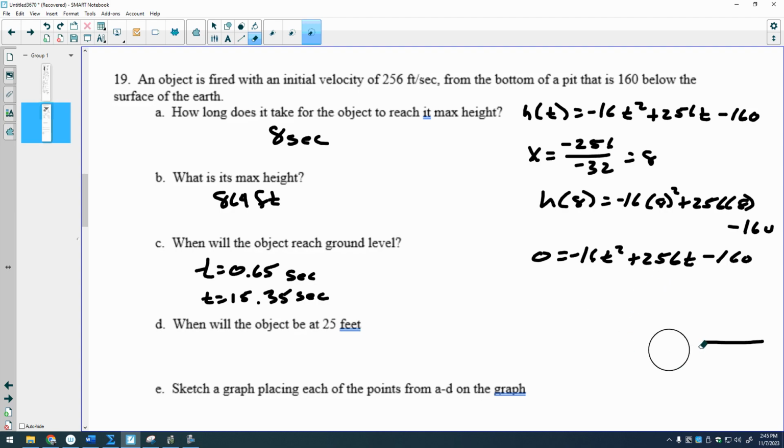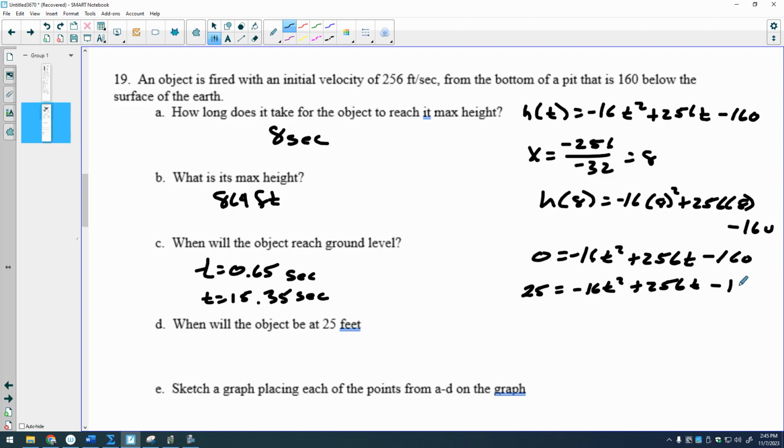Get rid of this. Now the question is, when is it 25 feet above the ground? Not 0, so I put 25 here, and I do the exact same thing. In order to use quadratic formula, I have to have it equal to 0. It's not, it's 25. So I'm going to subtract 25 from both sides.